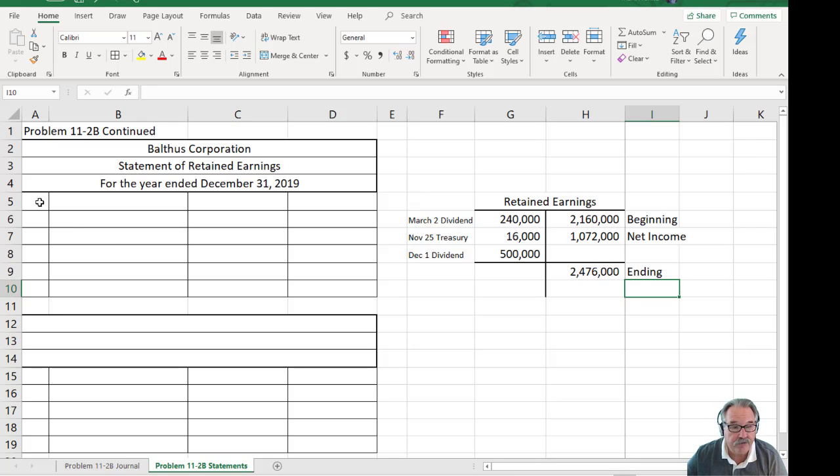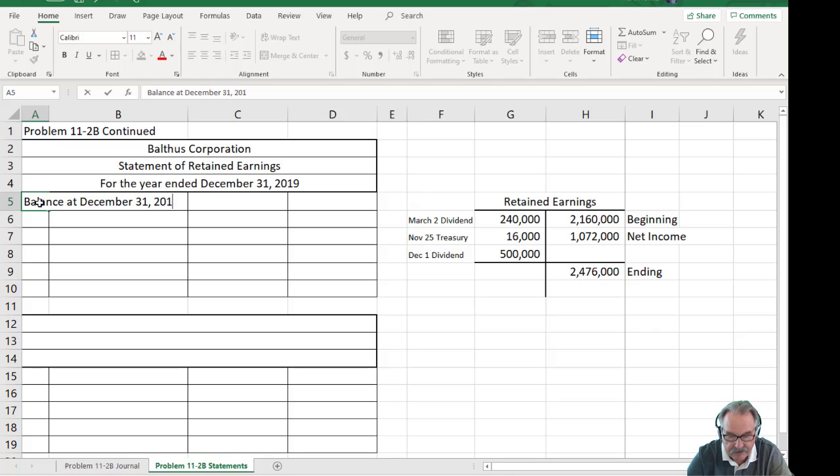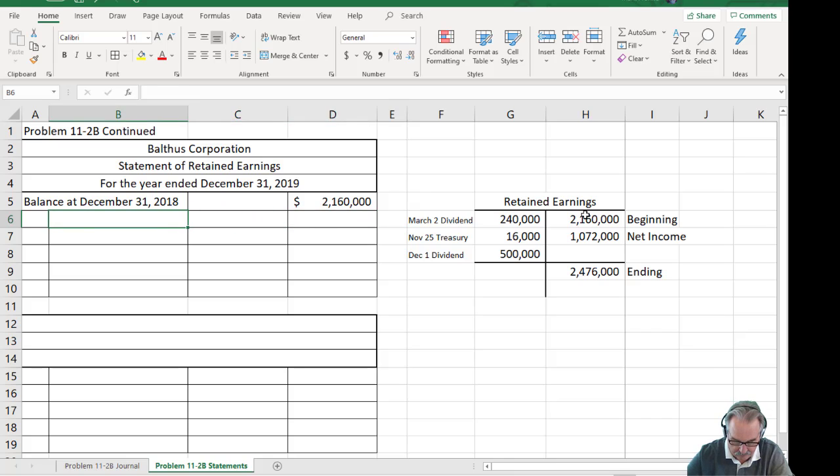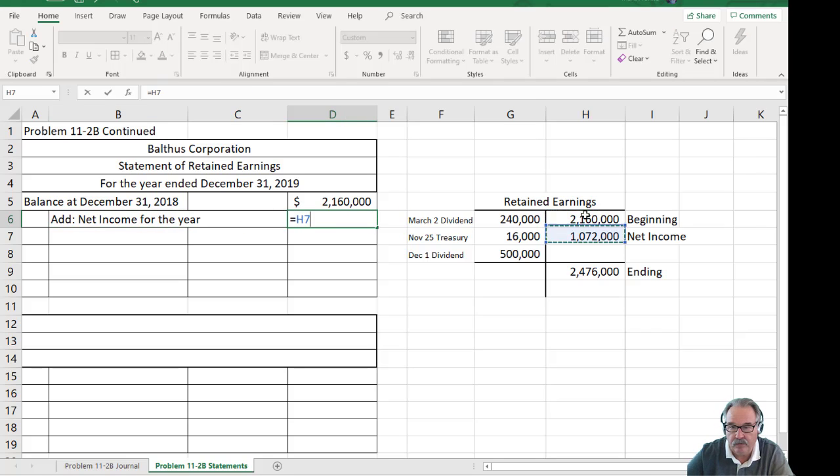We'll start with the beginning balance, or let's say the balance at December 31, 2018. That's the beginning balance, and we've got that over here. We'll just reference it in. We're going to add net income for the year. That's going to be the 1,072.